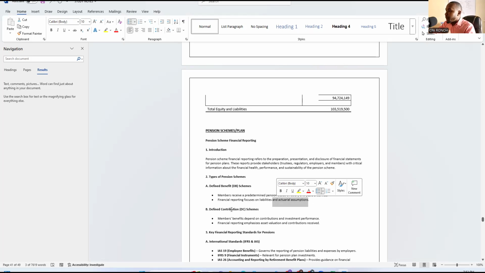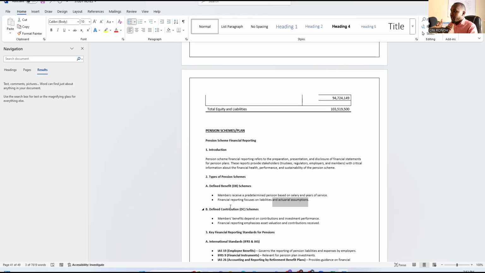And then we have the second type, which is the defined contribution scheme. We call it the DC scheme. Members' benefits depend on the contribution and the investment performance. So it depends on the amount you are contributing every month and the investment performance.